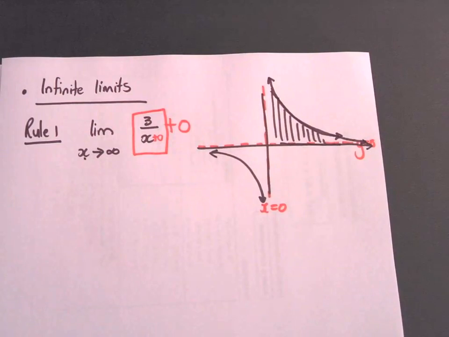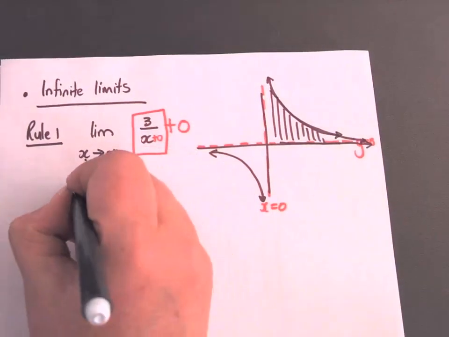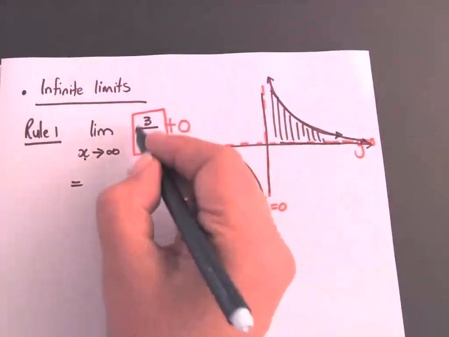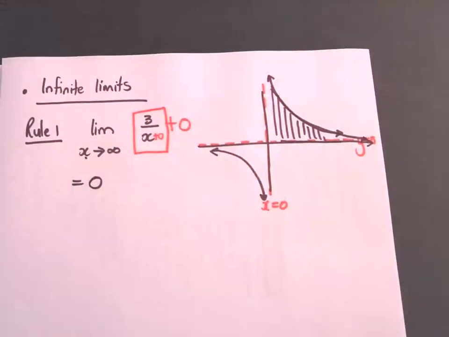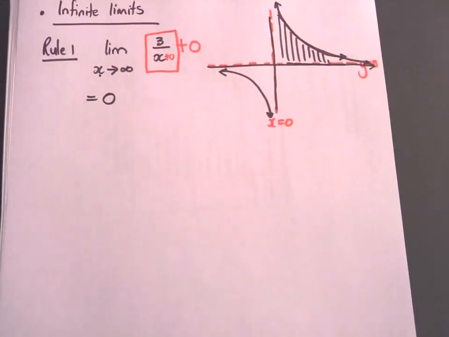It will grow nearer to 0. So that's why if you have a hyperbola type of sum, your answer will be 0 for infinite limits. Are you all with me? Okay. Let's look at rule 2.